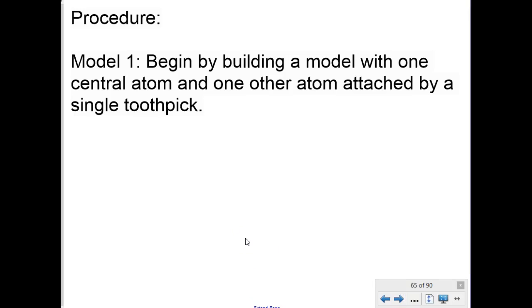Please begin by building a model with 1 central atom and 1 other atom attached by a single toothpick.